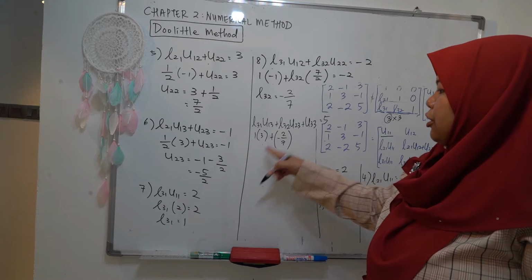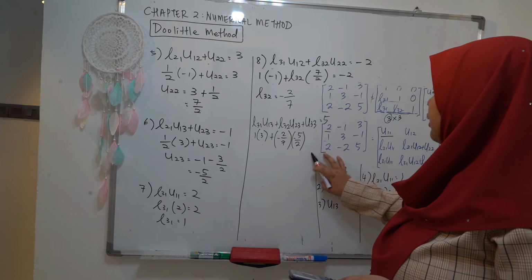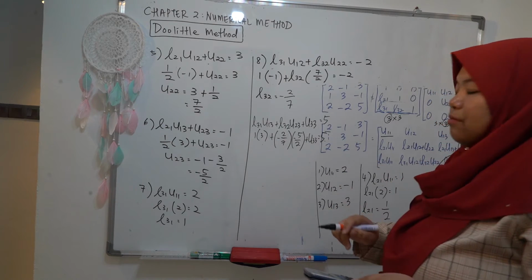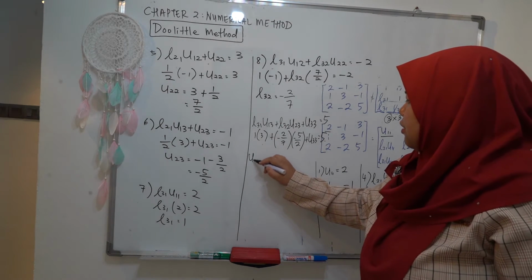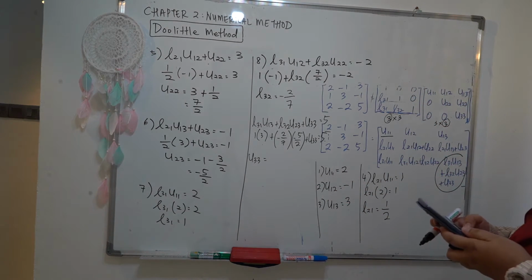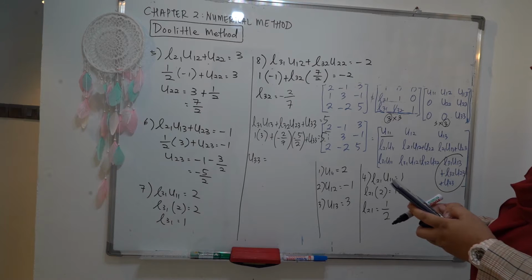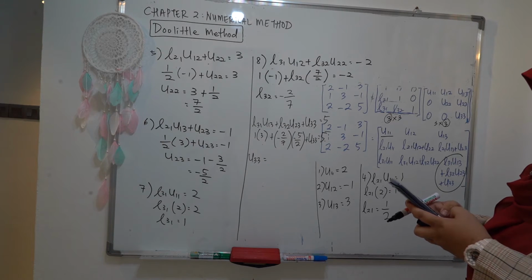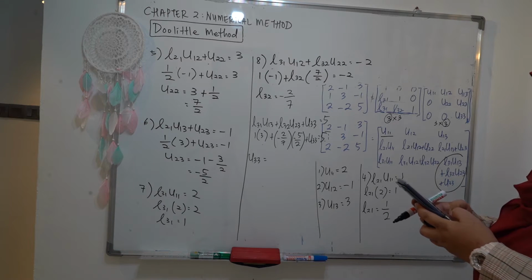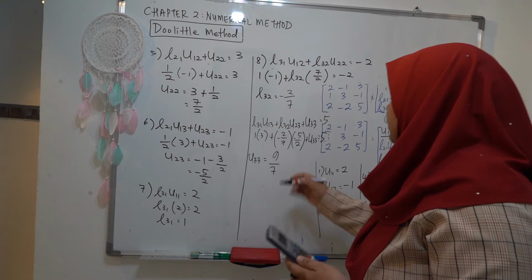U23 is negative 5 over 2. Right now we want to find U33. Let's find together what is the value of U33. Okay, so I got here 9 over 7.